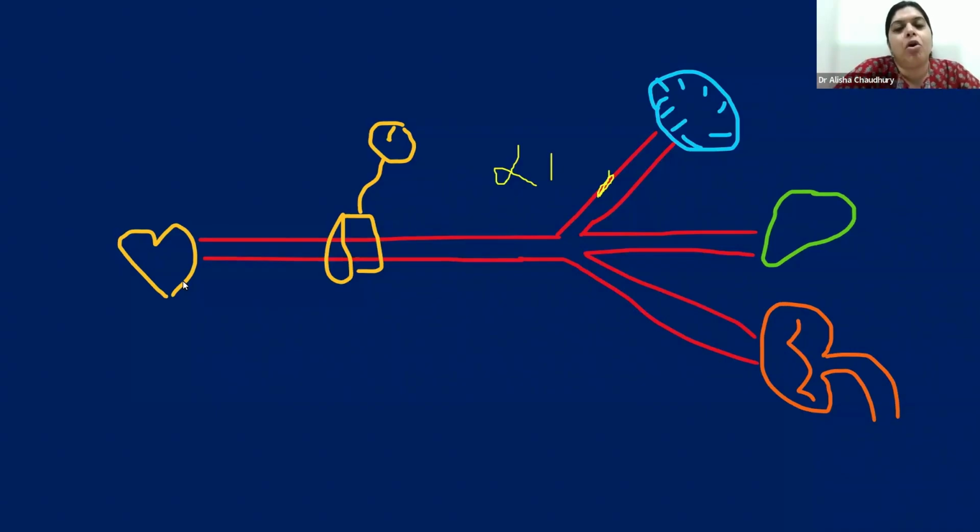Now imagine if all your blood vessels, because of alpha-1, are in a constricted state. At some point of time, the blood is going to get emptied. At that time, your organs will start not getting enough blood. Ischemia may develop. At that time, there is one more smart thing happening, which is the other receptor present over here, called your beta-2.